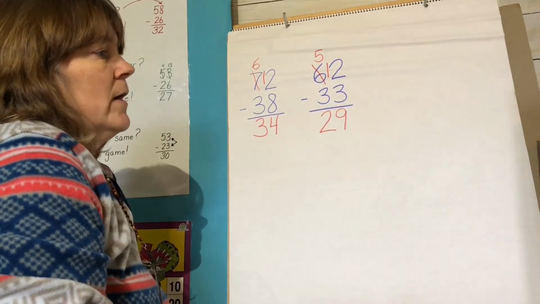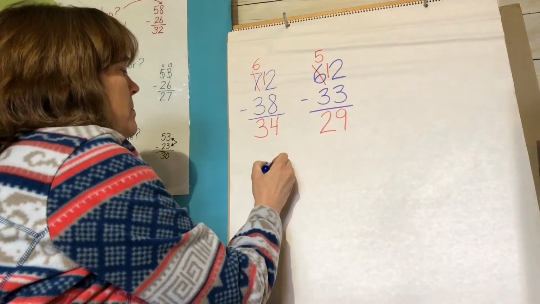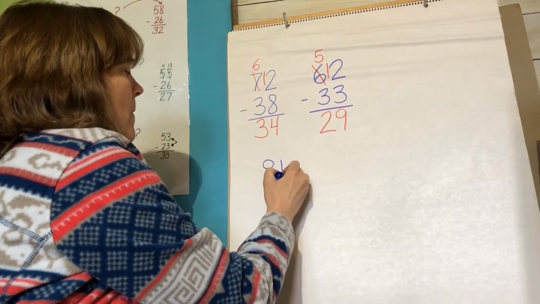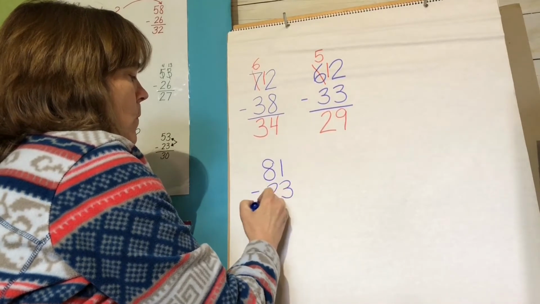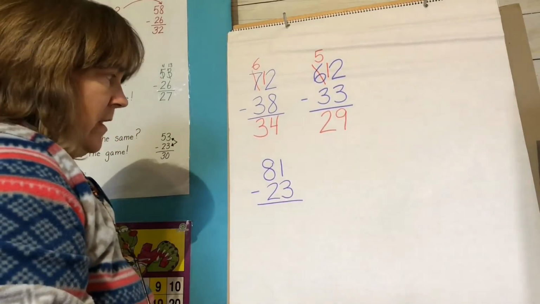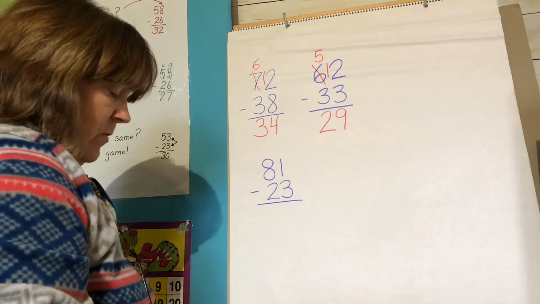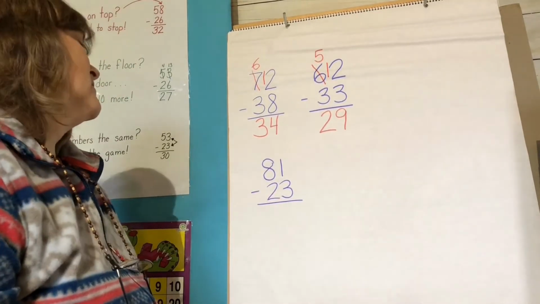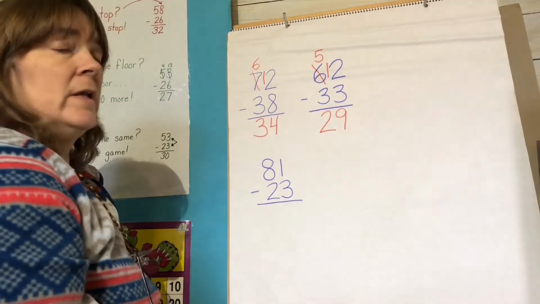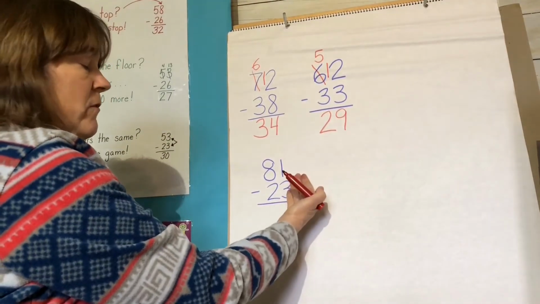Now I'm going to try 81 minus 23. I make sure I line up my ones under my ones and my tens under my tens, and then I'm all set to start. I remember it's math, so I will start on the right.